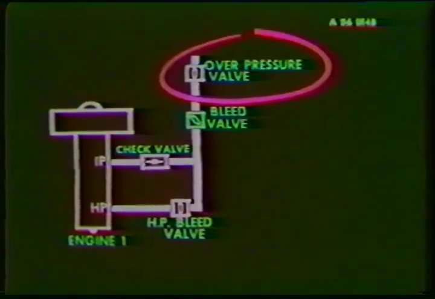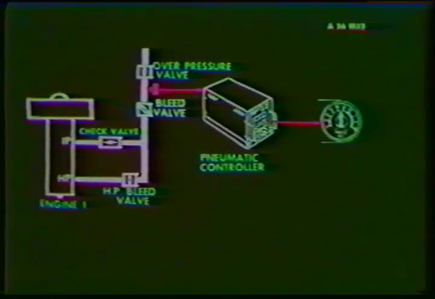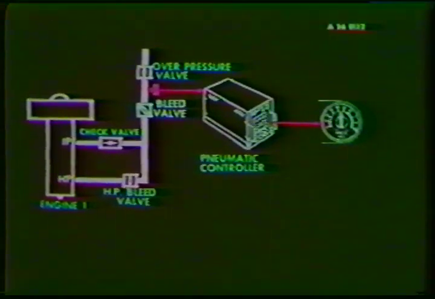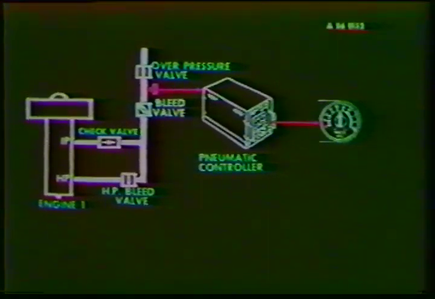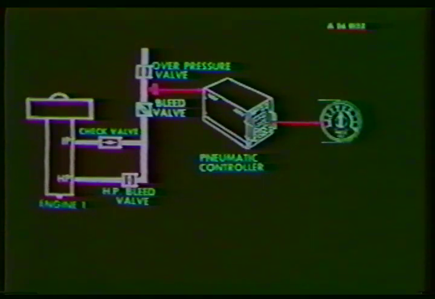The overpressure valve is a strictly mechanical valve and isolates the system in case of overpressure. System pressure is displayed on a pressure gauge via a controller. The bleed air is now pressure regulated.